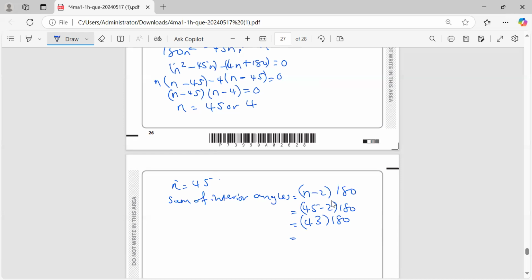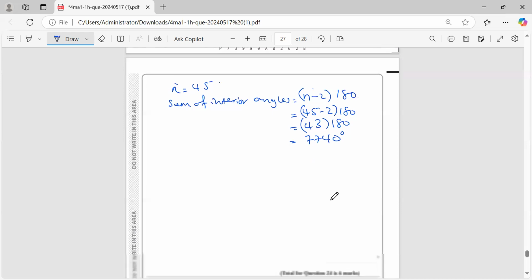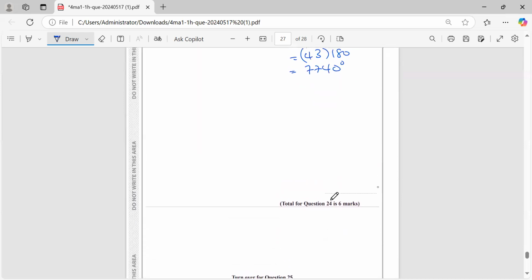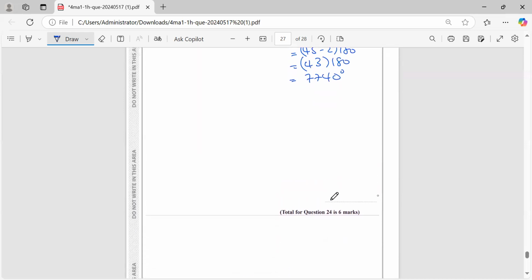This should give you 7,740 degrees. We can use 4. No, we can't use 4, because 4 is going to give you the smallest number of interior angles. So it's not 4, it's actually 44. The number of sides is actually 45.